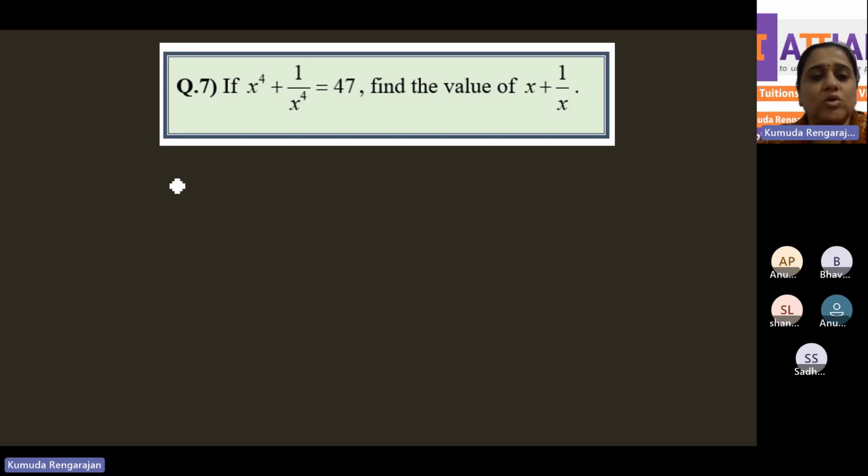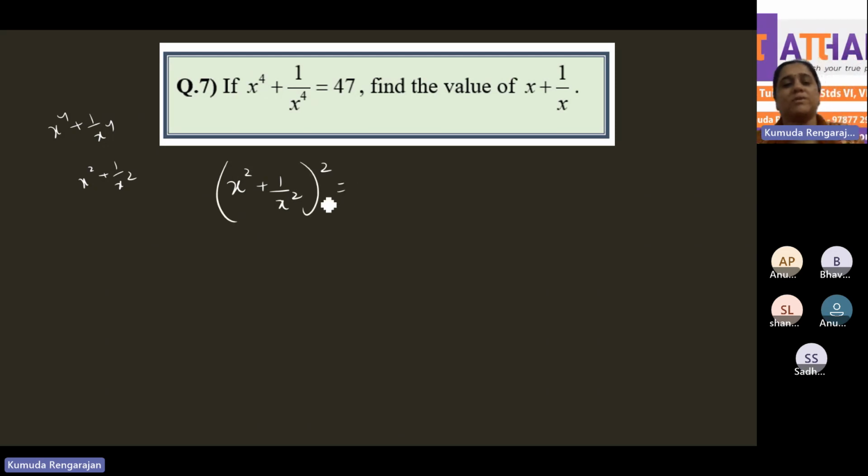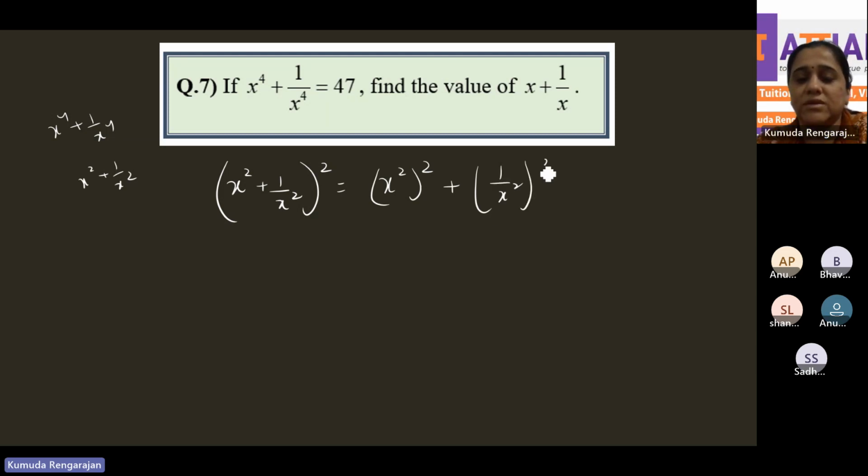So you must write that. What is x squared plus 1 by x squared the whole square? It is this one plus 2 into a into b. You must write this formula by yourself.